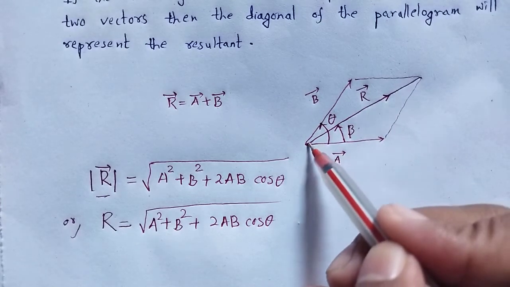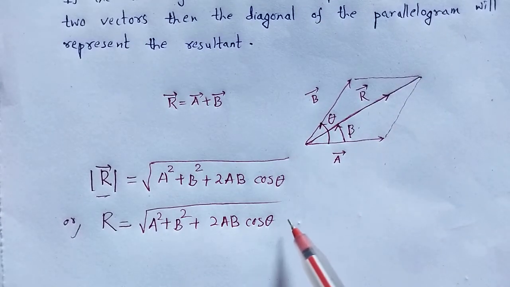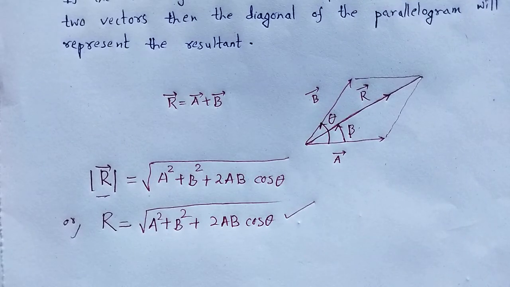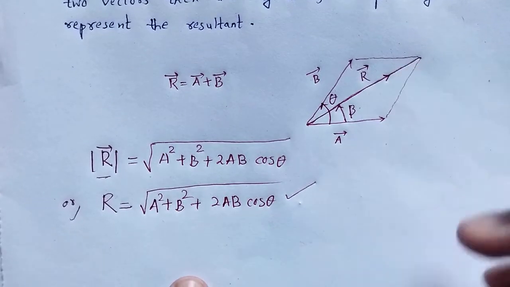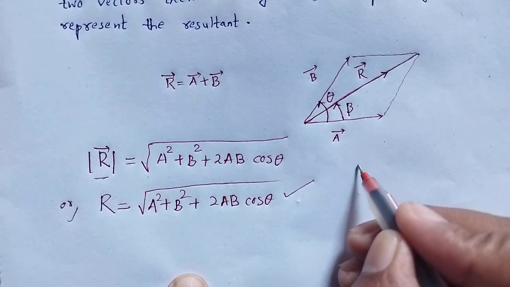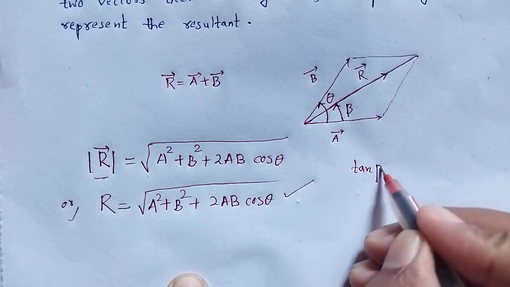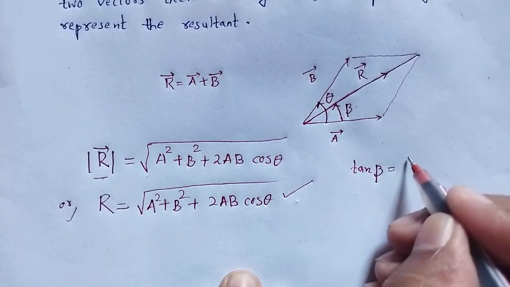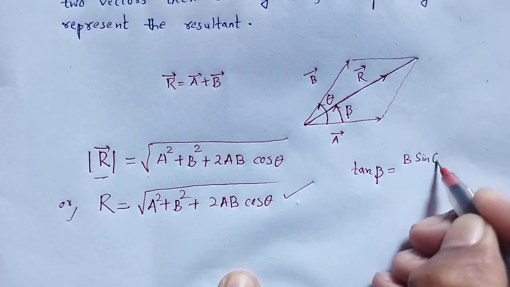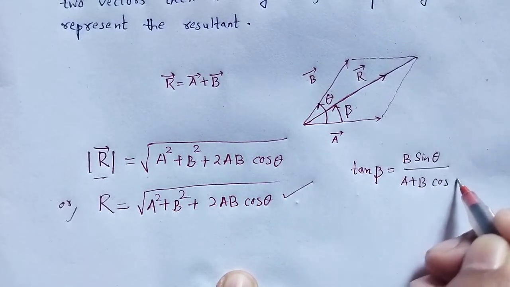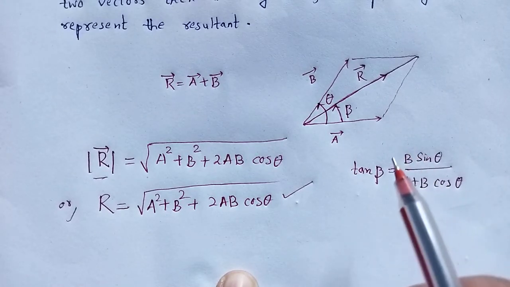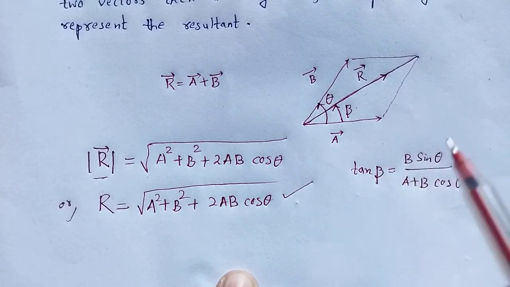Then what is the direction of the resultant? For that we use tan beta.